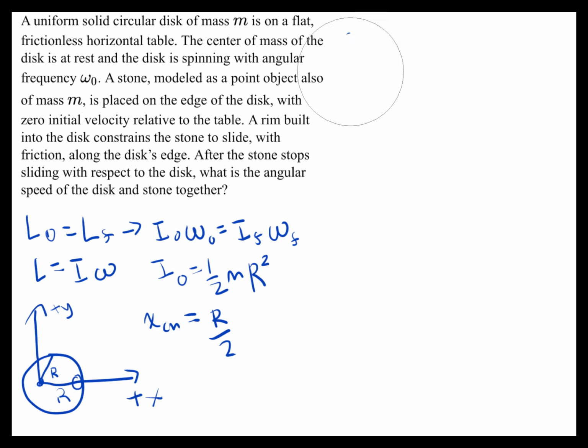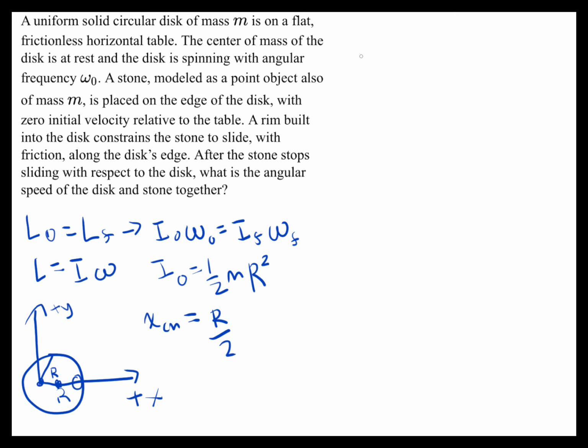Now we need to calculate the new moment of inertia of the disk. Since the center of mass changed, it is now rotating around this point and not its center. So we can use the parallel axis theorem.